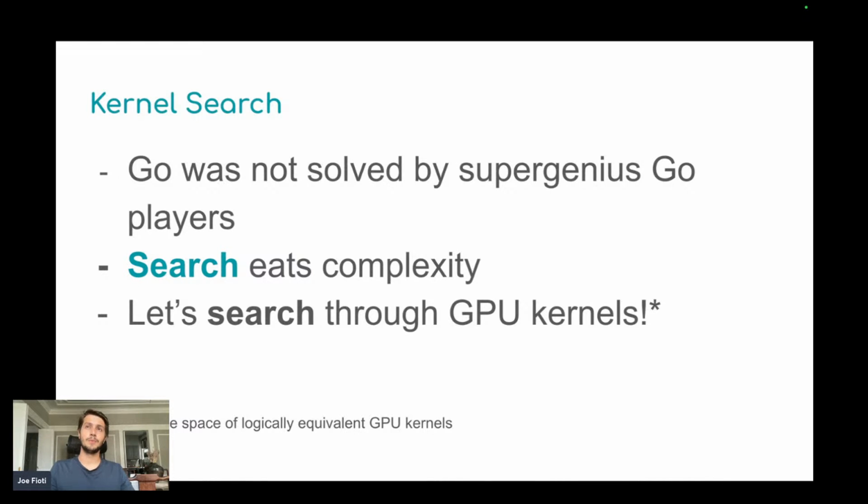So we thought, what if we treated the GPU kernel compilation problem as a similar thing, where instead of searching through game states, we're searching through the space of logically equivalent GPU kernels? That way, we don't need to be super clever about heuristics or rules that we set up in advance. We can just search through every decision we have to make. What is the correct size of this tile, or is it good to unroll this loop or not? Our answer is we don't know, so let's search through all of them. Search really eats up this complexity in the compiler.